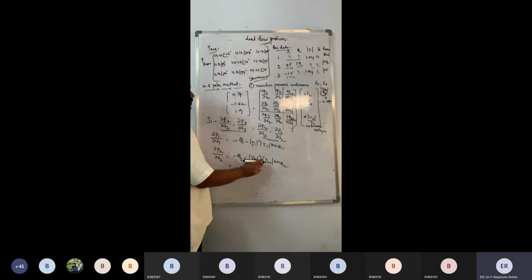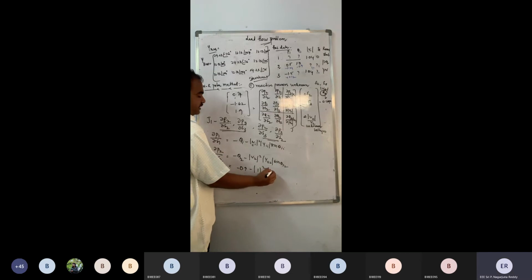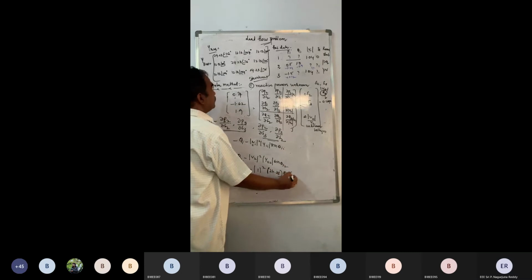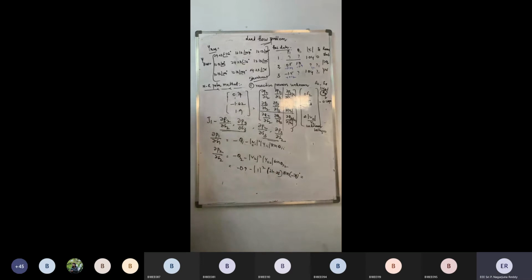V2 square, V2 we have already chosen as 1. Y22 is 24.23 and sin theta 22 is sin of minus 76. Can somebody get me the value now?